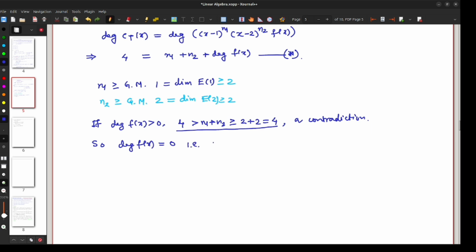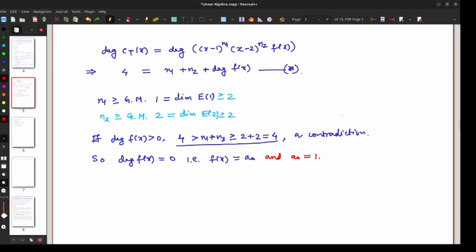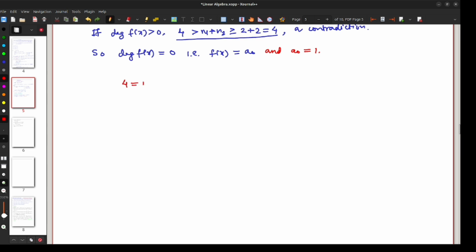That means f(x) is a constant polynomial. Say f(x) equal to a0. Now, as the characteristic polynomial of T is monic, we must have a0 equal to 1. Therefore, 4 equals n1 plus n2, from which we have n1 equal to 4 minus n2, and this is less or equal to 2 since n2 is greater or equal to 2.